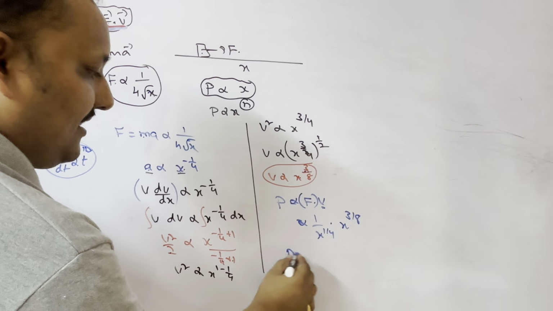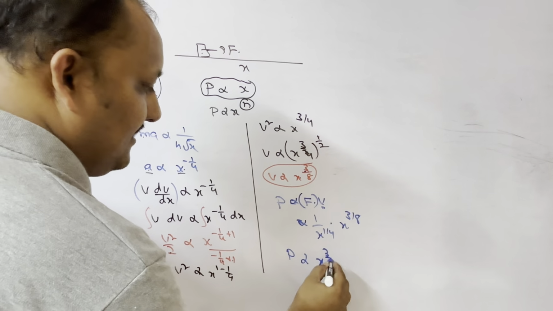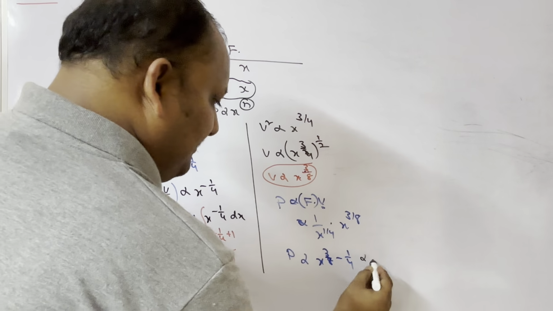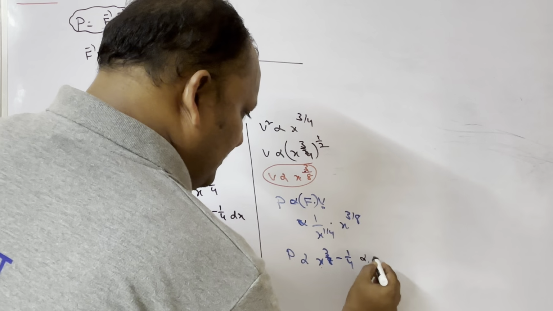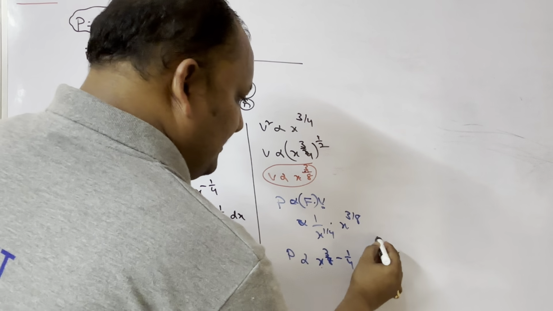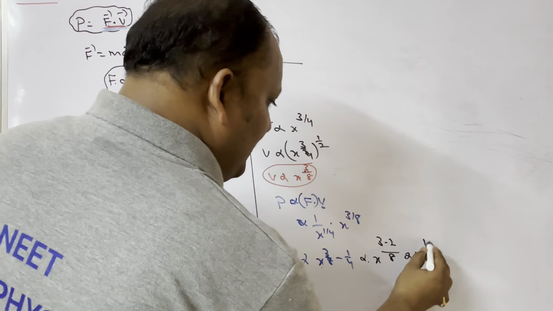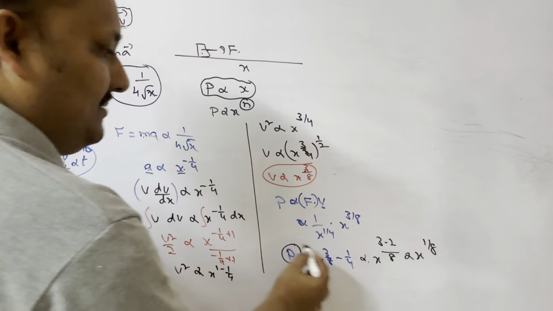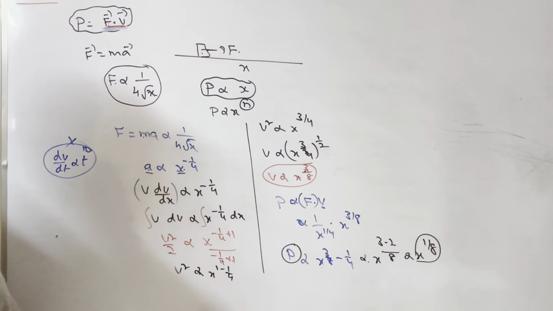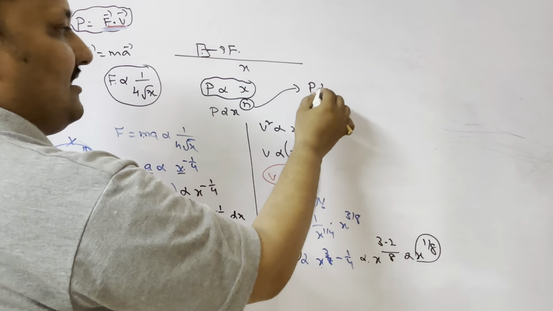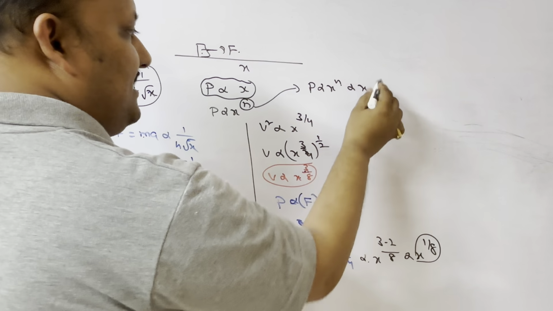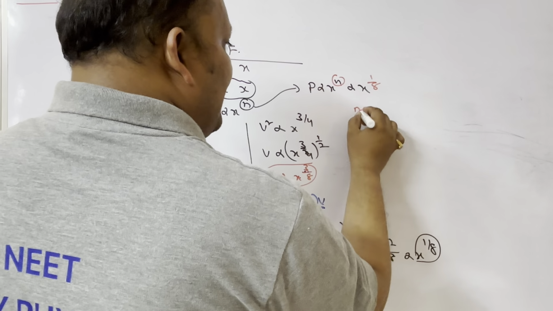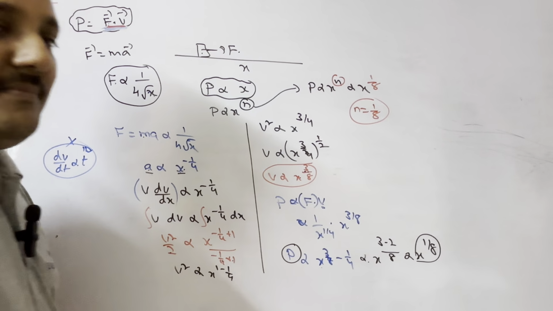If you send it to the numerator, x power 3 by 8 minus 1 by 4. Then you can take the LCM. Power is directly proportional to x power (3 minus 2) by 8, that is x power 1 by 8. Now, power is related with distance as x power 1 by 8. Therefore, from P directly proportional to x power n, here we got 1 by 8. So what is the n value? n value is going to be 1 by 8.